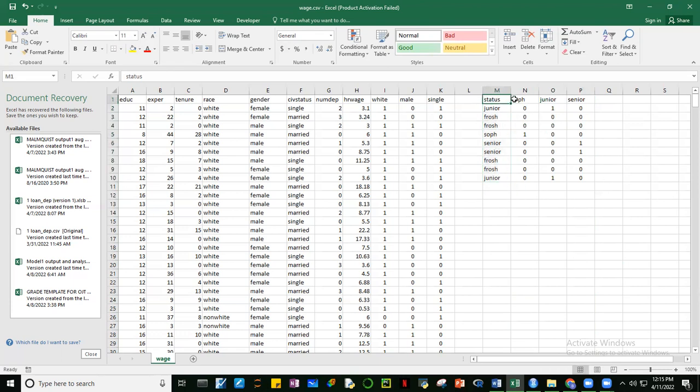Si junior, 1 siya sa junior. Si Frosh, 0, 0, 0. Frosh ulit, 0, 0, 0: not sophomore, not junior, not senior. Si sophomore, magiging 1 siya kay Soph, 0 kay junior, 0 kay senior. Si senior naman, 0, 0, 1, etc.